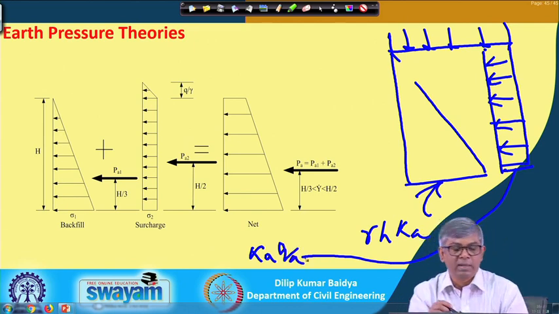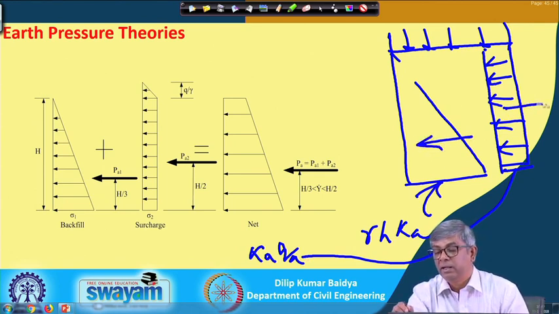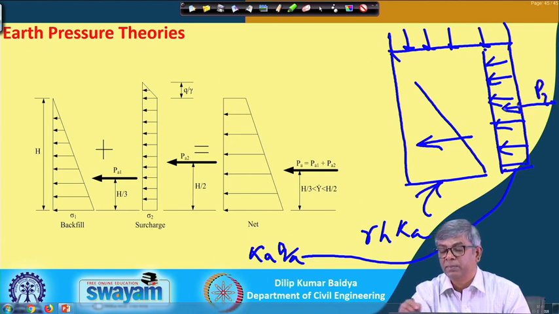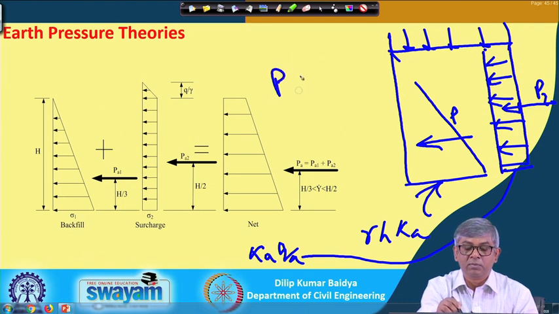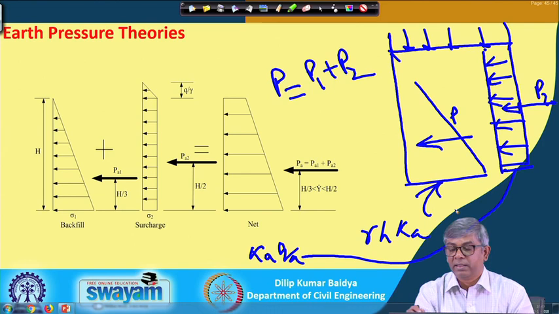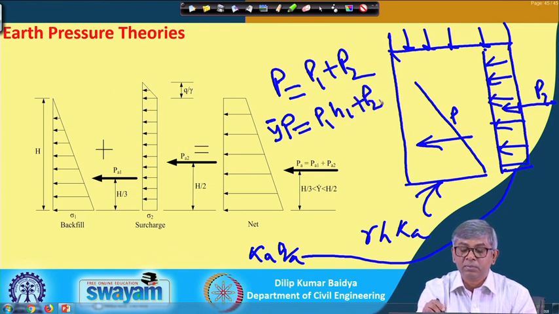Now if I want to find the thrust, what will happen? This triangular diagram will be, suppose, P 1 acting somewhere here, and this is P 2 acting somewhere here. So P will be equal to P 1 plus P 2, and the resultant I can find: y bar multiplied by P equals P 1 H 1 plus P 2 H 2.